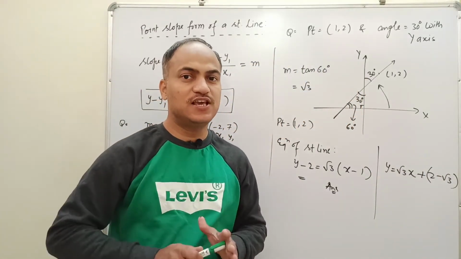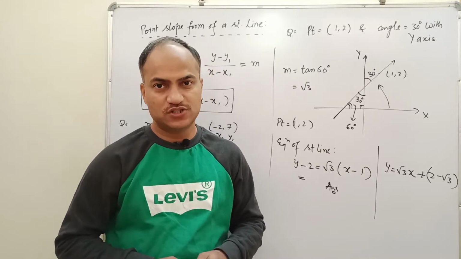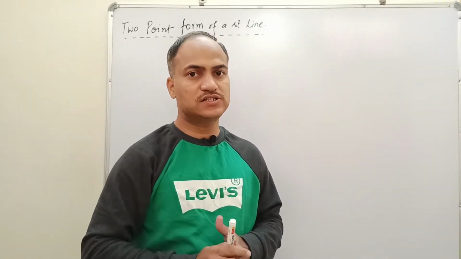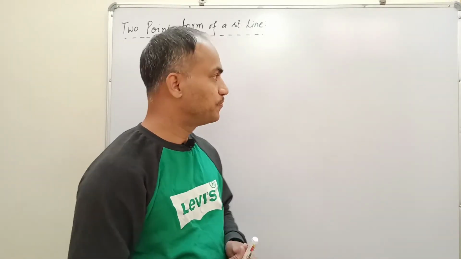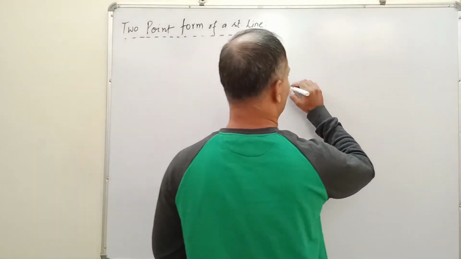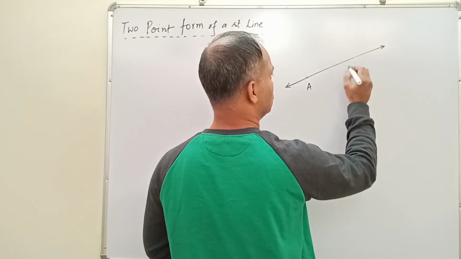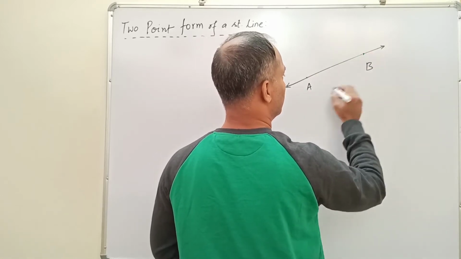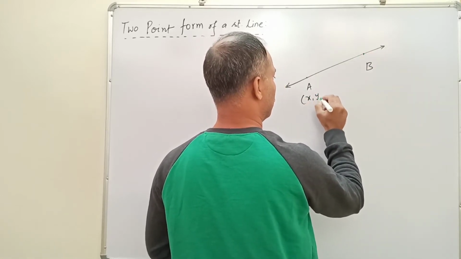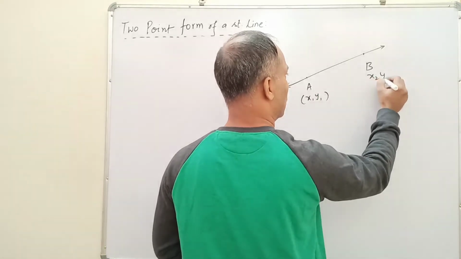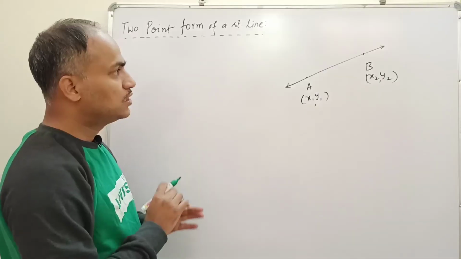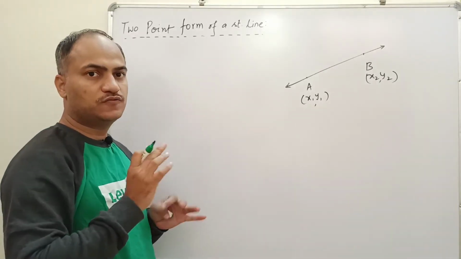Now let us see the two-point form of the equation of a straight line. Here we are given two points, suppose they are A and B, with coordinates (x1, y1) and (x2, y2). We have to find the equation of this straight line.